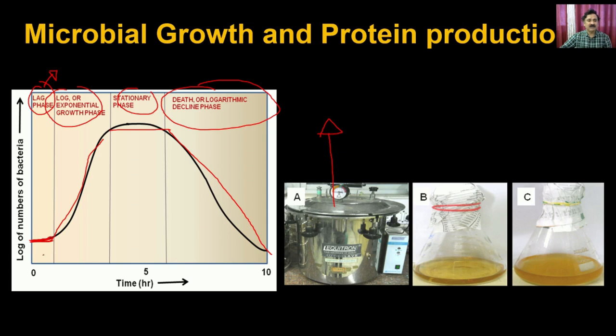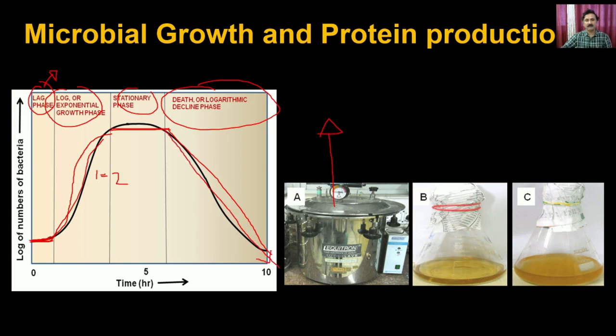Once adjusted, they start doubling in the log or exponential growth phase, so one becomes 2 and 2 becomes 4. But once they do that, they eat up all the nutrients present in the media, and that's how they enter the stationary phase.